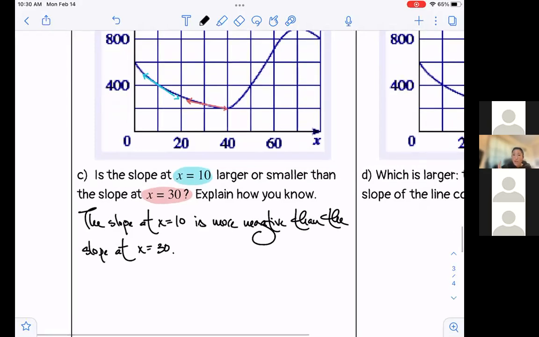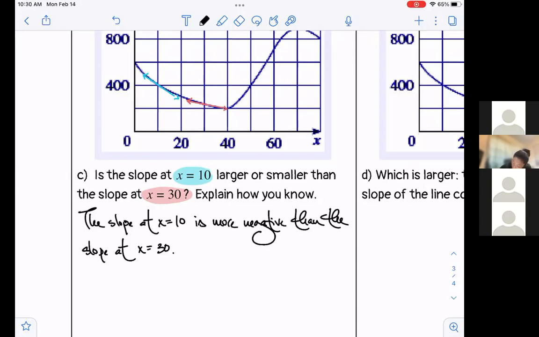Okay, be careful here. Which one has the bigger value? In other words, is negative 10 bigger or smaller than negative 5? Okay.